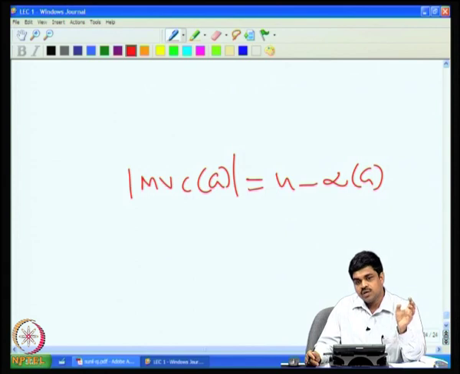Similarly, if we remove a maximum independent set, what remains is a minimum vertex cover.